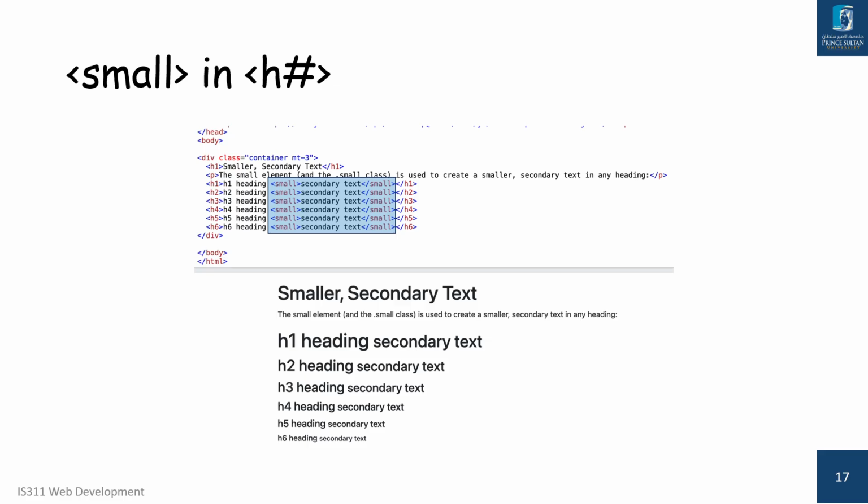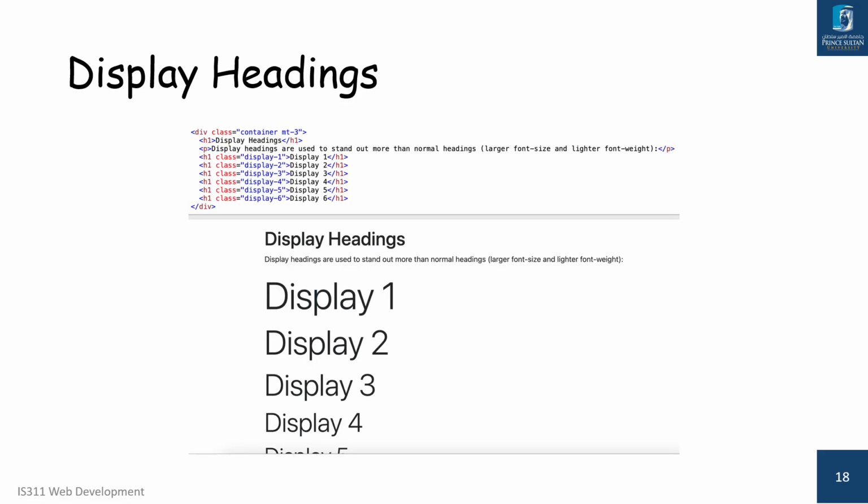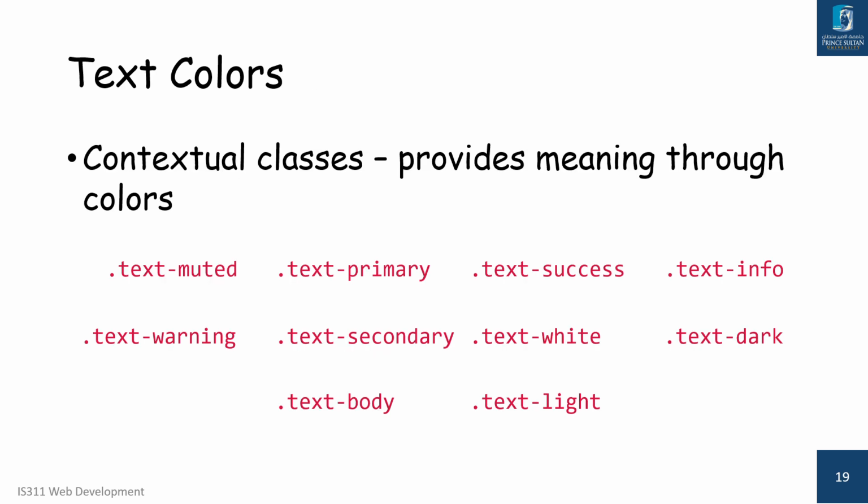We put a small tag, so we know that the small tag will automatically make the contents of that element smaller than the rest of the text. We also have the display 1, display 2, display 3 classes, so they will display something like this. Is it clear? Any questions? No.